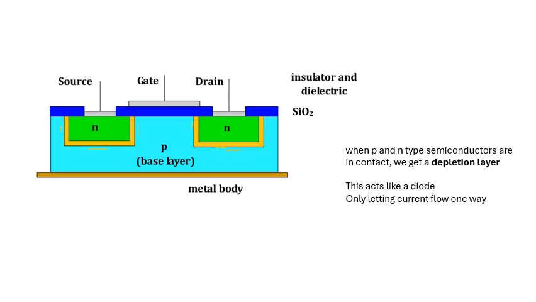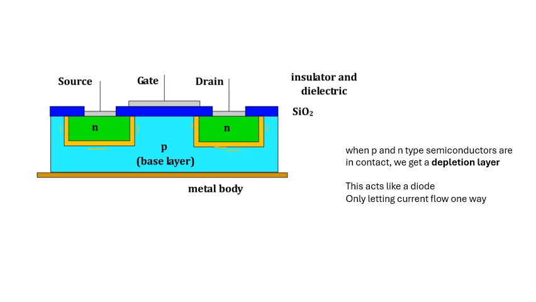What actually happens is that electrons diffuse into the P-type, and holes diffuse into the N-type, and it behaves like a diode, so that current can only flow one way. A diode is actually just a piece of N-type and a piece of P-type joined together, a PN diode. You get this depletion layer which acts like a diode.